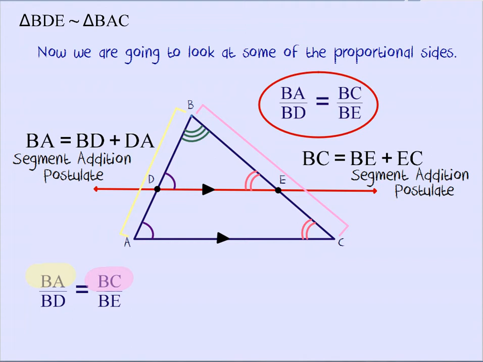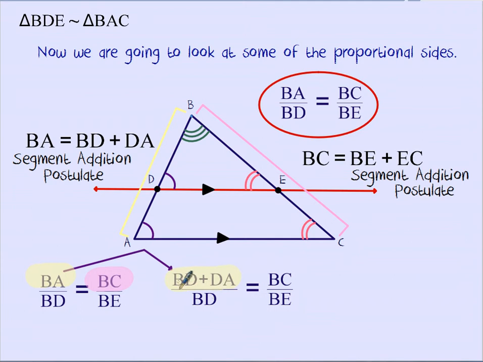Now I'm going to do a little bit of replacing. I'm going to replace BA with what it's equal to. And I'm going to replace BC with what it's equal to. If I do that and I substitute into my proportion, it looks like this.